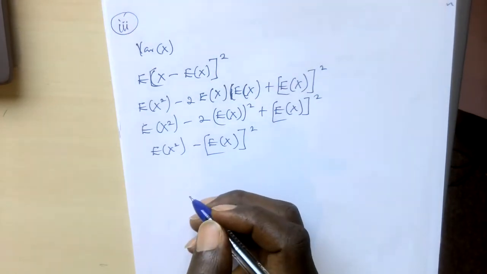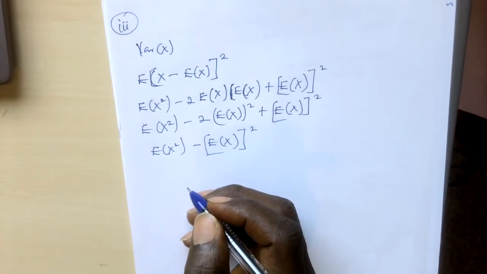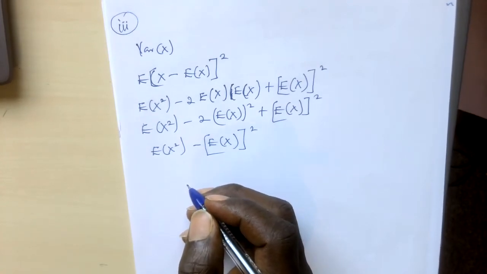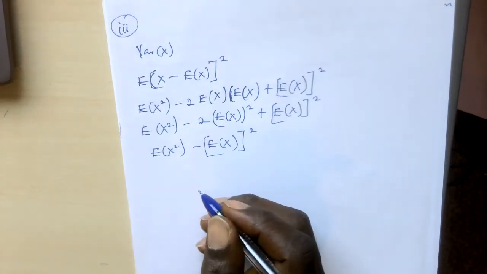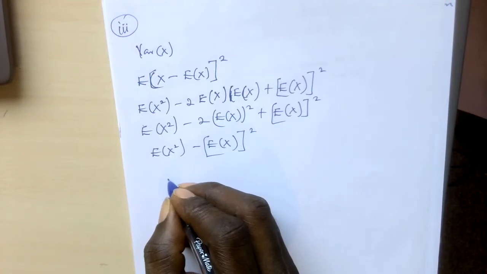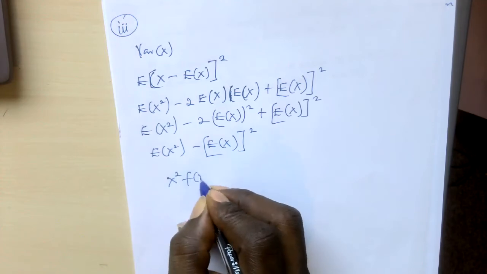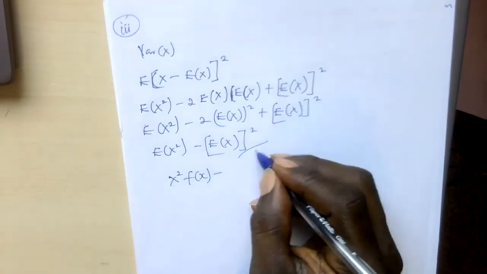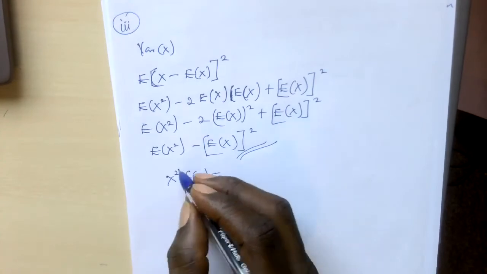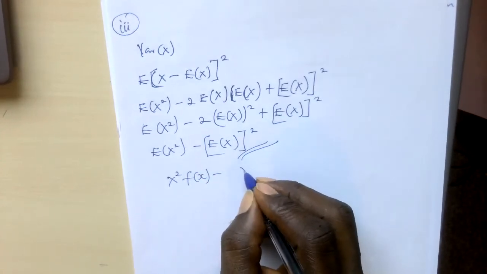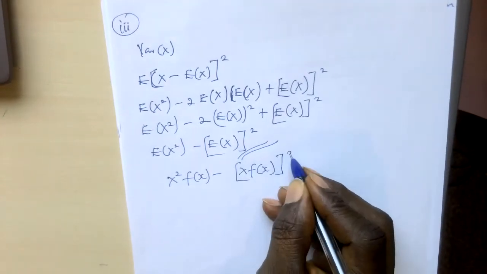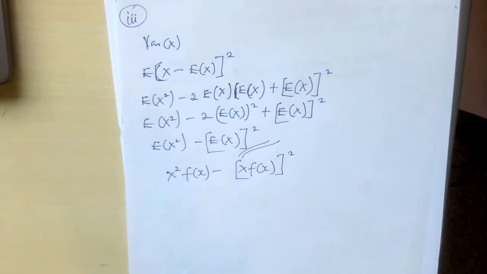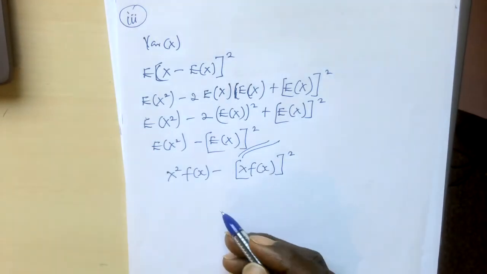So now this is the formula for variance. And of course, we know that if you are dealing with a continuous variable, with a continuous function, we have this, the integral of x squared f of x minus the integral of x f of x all squared. So this is just additional stuff. You have here x f of x for continuous.